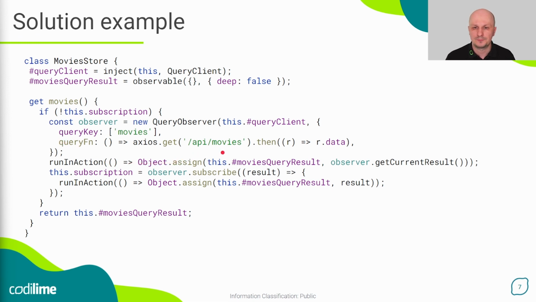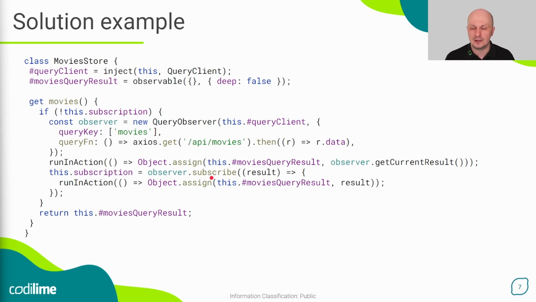Later on, I'm getting the initial result from the React Query cache, because sometimes you can also pass initial data in those options. So in this object we are going to have isLoading, isError, data, all those properties populated at the beginning.